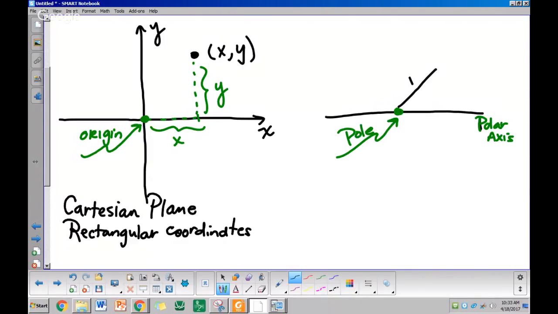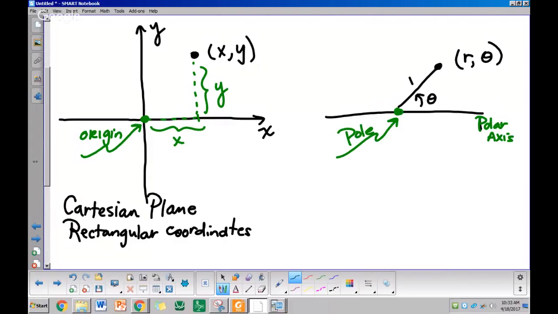So I'm describing that point using an r and a theta, where theta is measured from the polar axis. Is that a vector? It looks like a vector, but it's not.